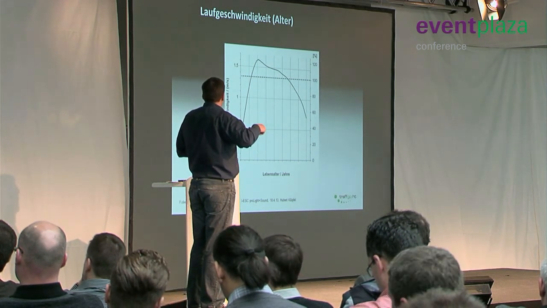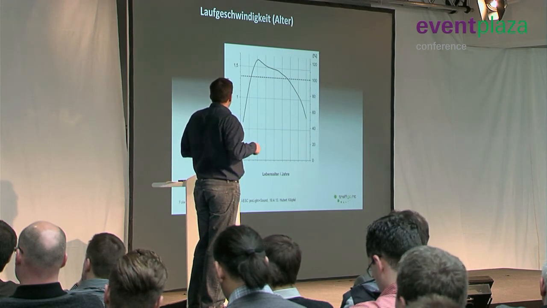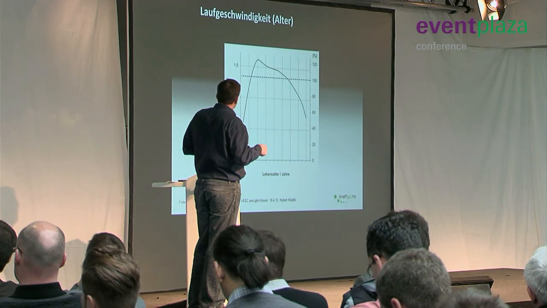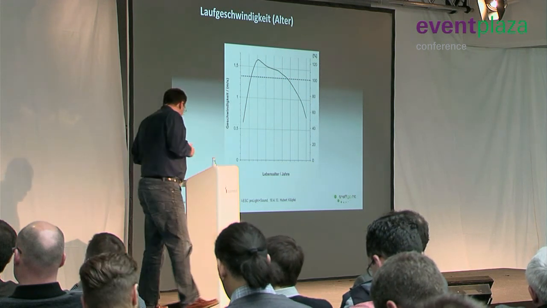It starts at an age of between 1 or 2, and then you arrive at a maximum when you're about 20, and then it remains at a fairly constant level, and from 60 years onwards, the slope goes down again.